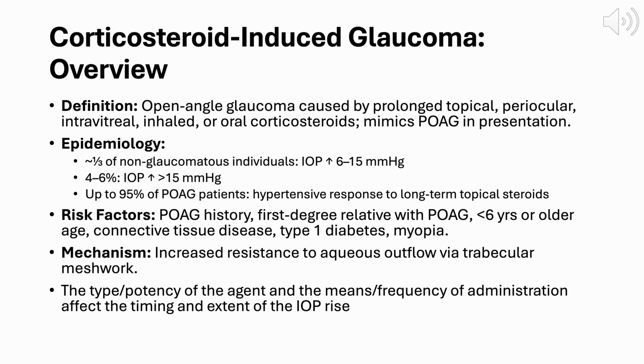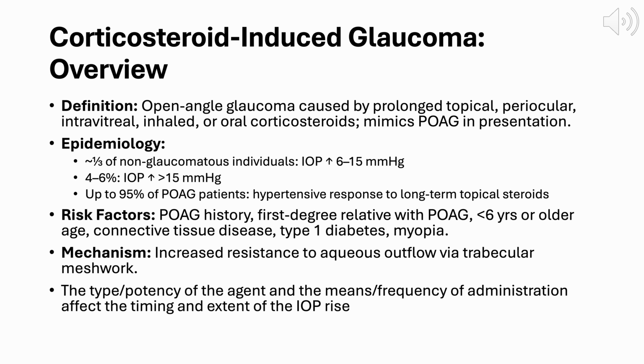On the other hand, in patients who already have POAG, nearly all will show a hypertensive response with prolonged topical steroid use. Risk is especially high in patients with a history of POAG, first-degree relatives of POAG patients, children under 6, older adults, those with connective tissue disorders, type 1 diabetes, and myopia.